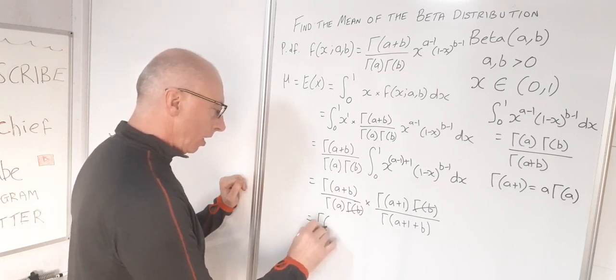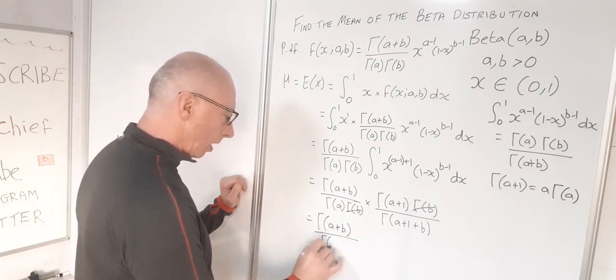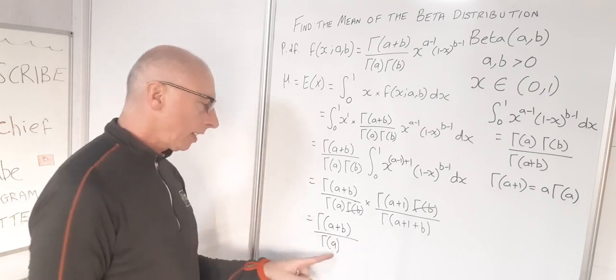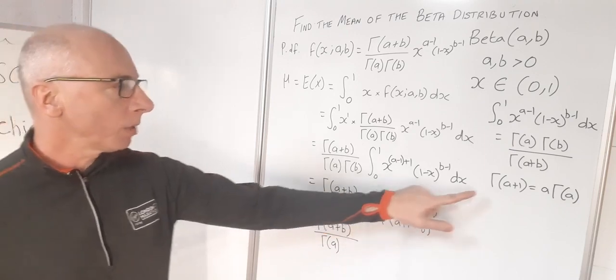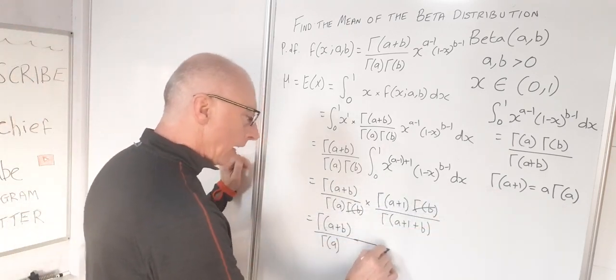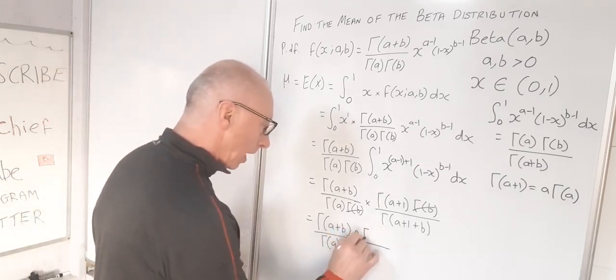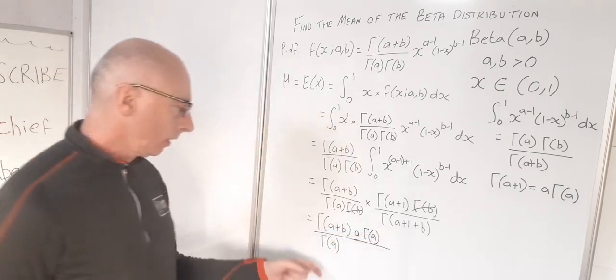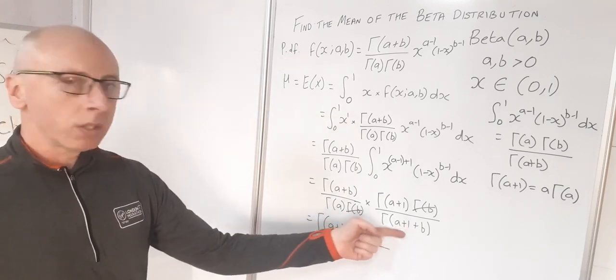So now we've got gamma of A plus B over gamma of A. So that takes care of that. And now we've got gamma of A plus 1, which I'm going to rewrite as A gamma A. So now we can include this on all the same fraction. So A times gamma of A. So now I can see a cancellation coming. That's great.